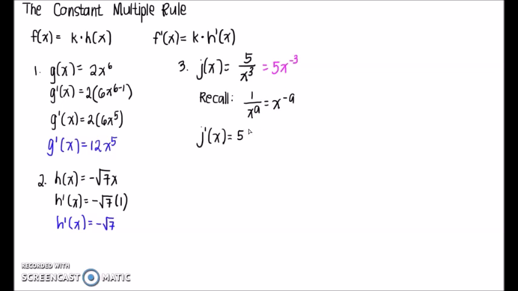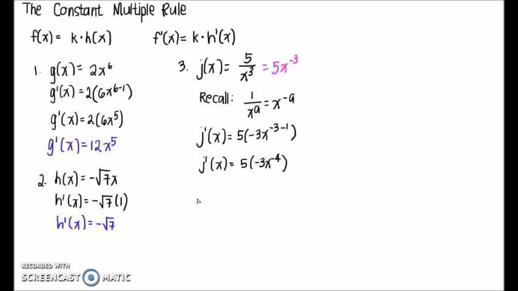So this is a power function, so we can apply the power rule. So drop the exponent, copy the base, subtract 1 from the exponent. And then from there, we have to simplify. So the derivative of j of x is equal to 5 times negative 3 x raised to negative 4.